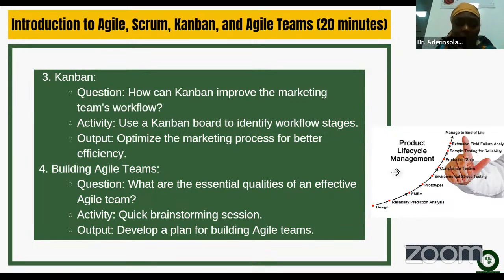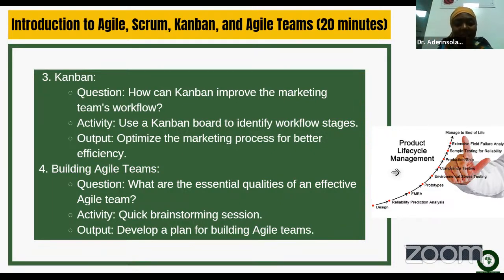Now, number 4 under this is your Agile team. This one, I want you to do a quick brainstorming session where you are telling me the essential qualities. This one is an easy one if you've been listening. So, essential qualities of an effective Agile team. Hopefully you have already formed an Agile team when you were performing activity 2, where you gave yourselves different roles.